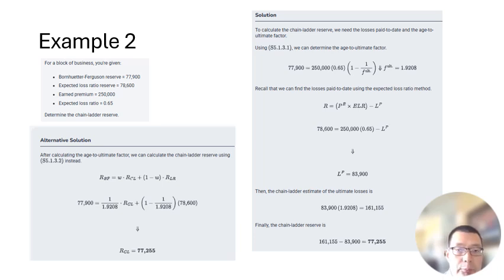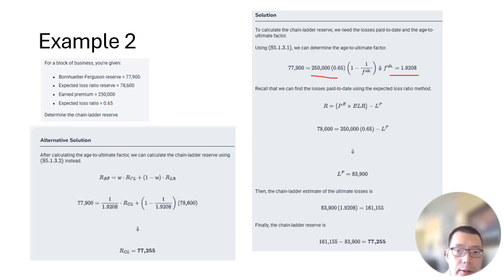Using the formula, we can determine the age to ultimate factor: 77,900 would be equal to 250,000 times 0.65, that's just the expected loss ratio method, times 1 minus 1 over the ultimate factor. From here, we can derive that the ultimate factor will be 1.9208.